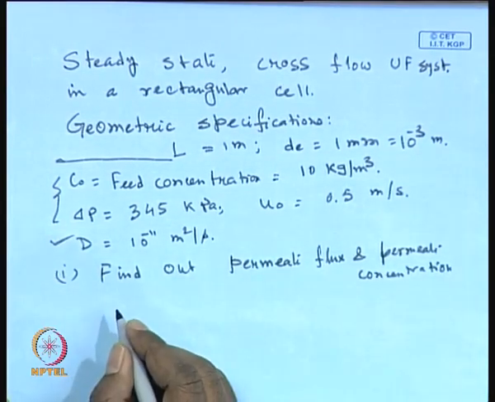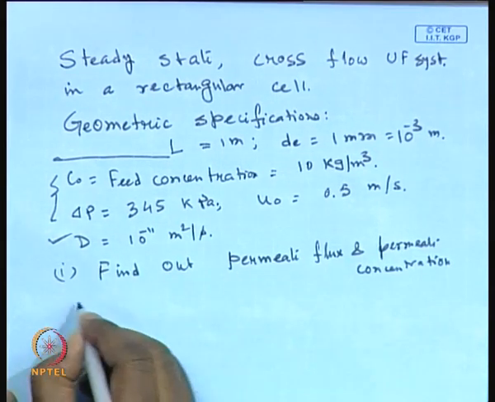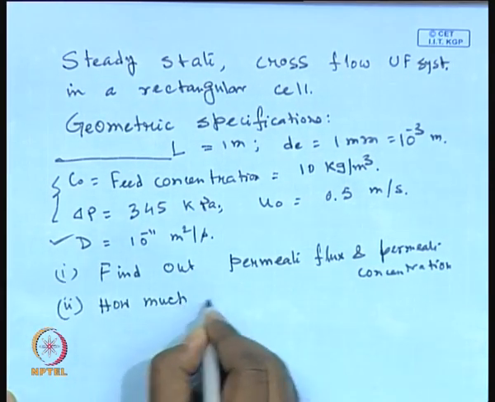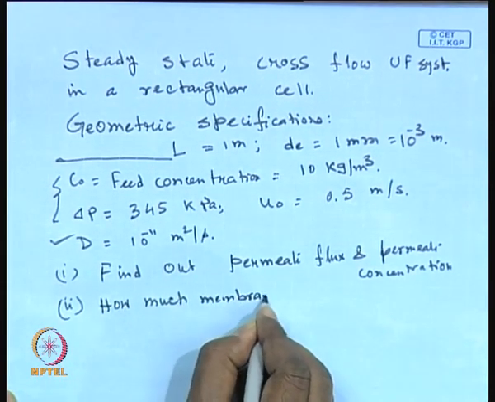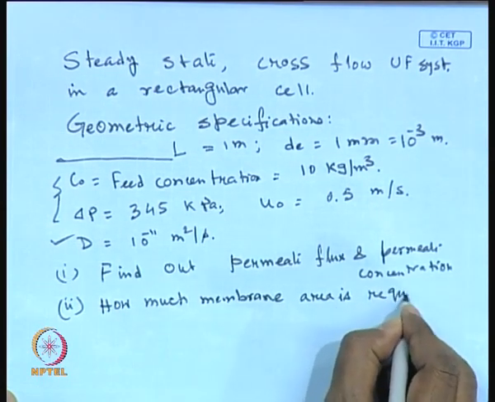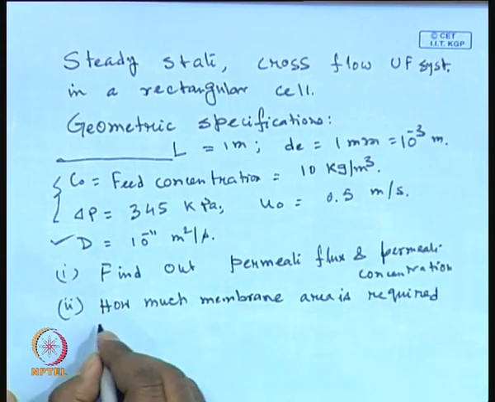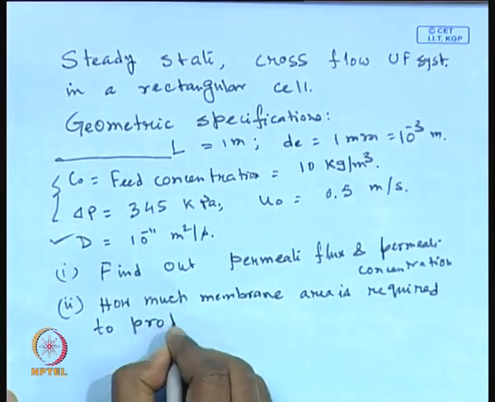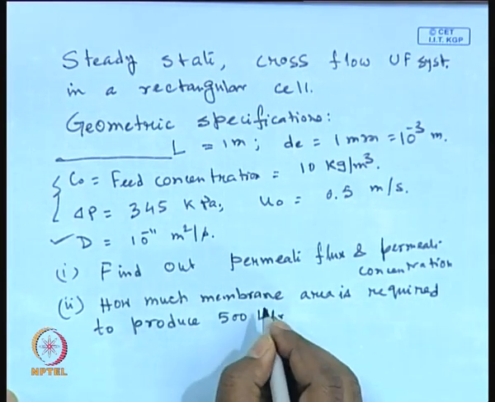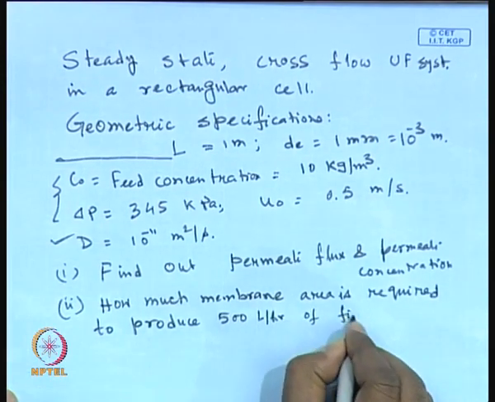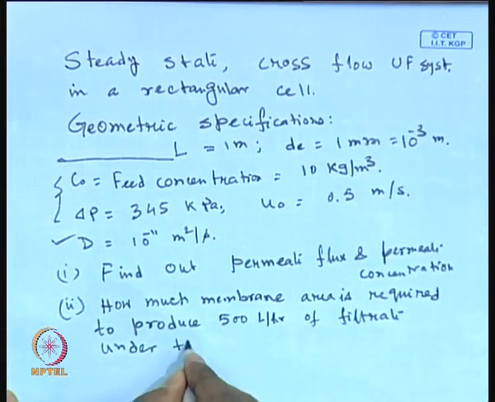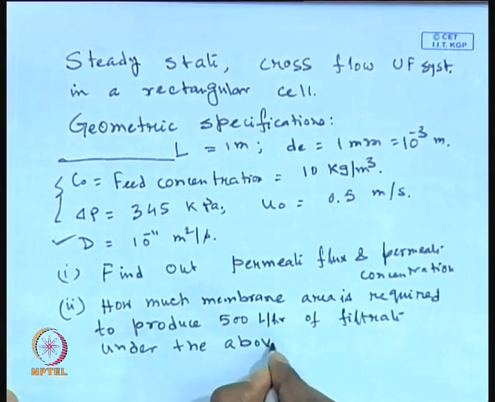You also have to find out how much membrane area is required to produce 500 liter per hour of filtrate under the above operating conditions.